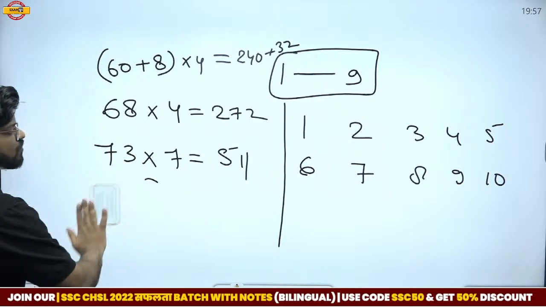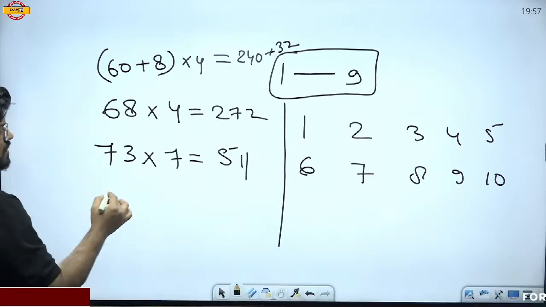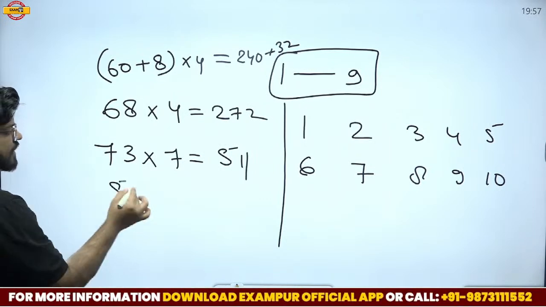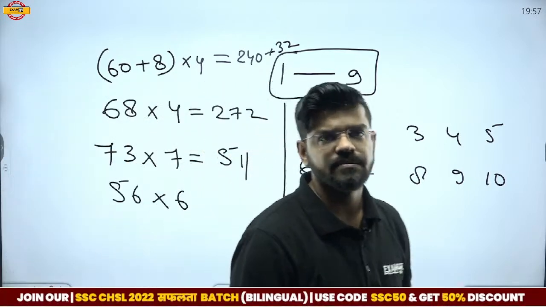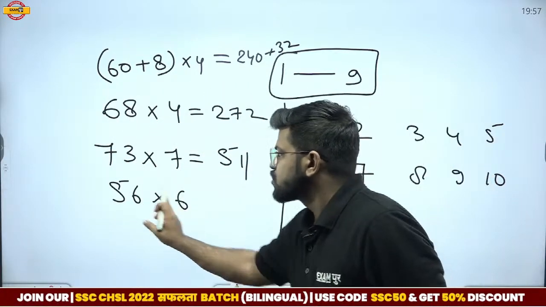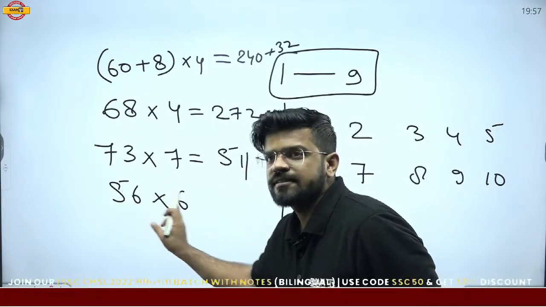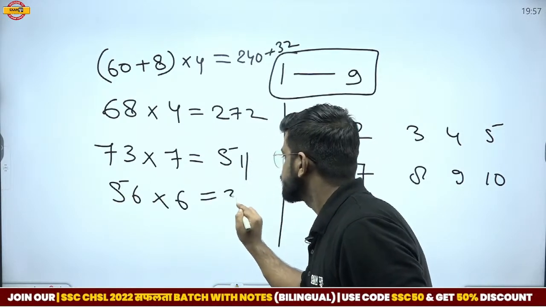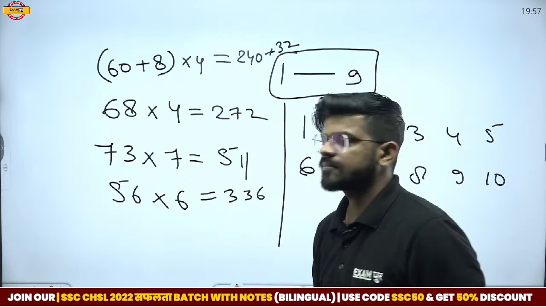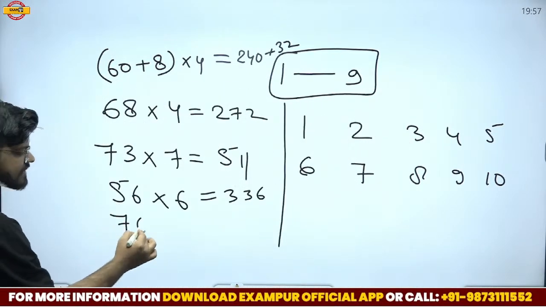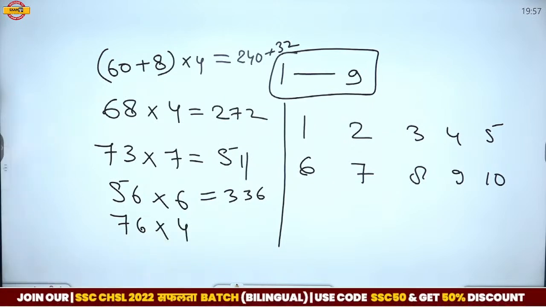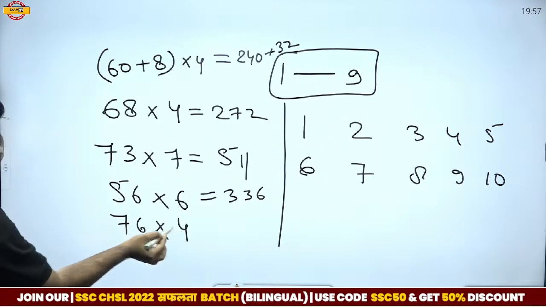Okay. Now you have to calculate 56 into 6. Calculate it in your mind. 336. Now 76 into 4. 280, 24.